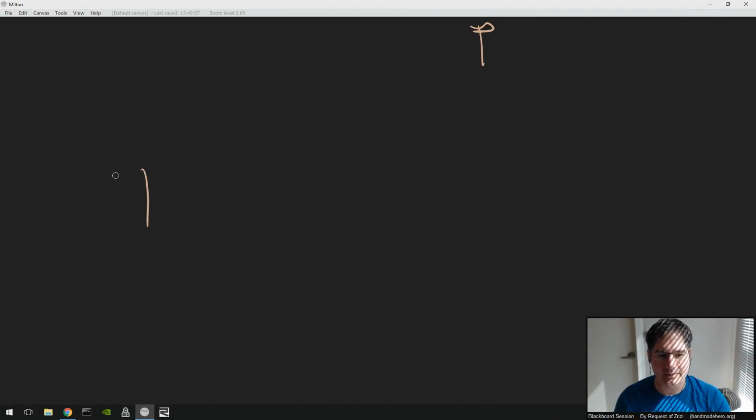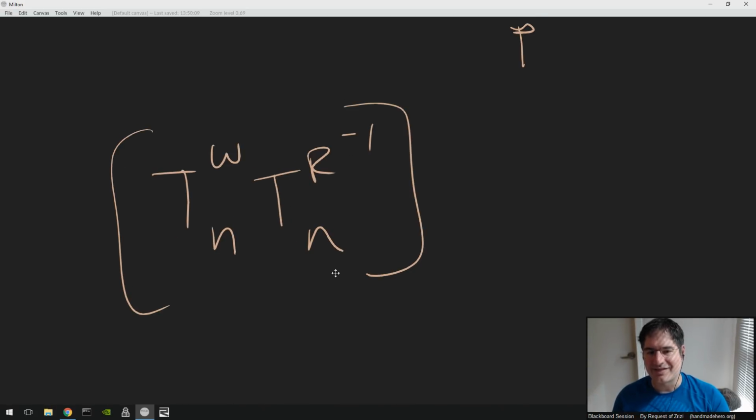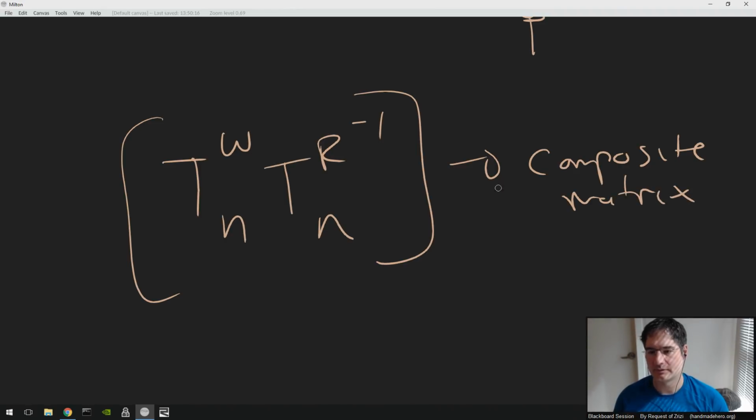That internal term is the T in world space of any of our bones, doesn't matter which one, times the inverse rest pose of any of our bones. This right here is what I call the composite matrix. I don't know if it has a real name, right? Or composite transform.